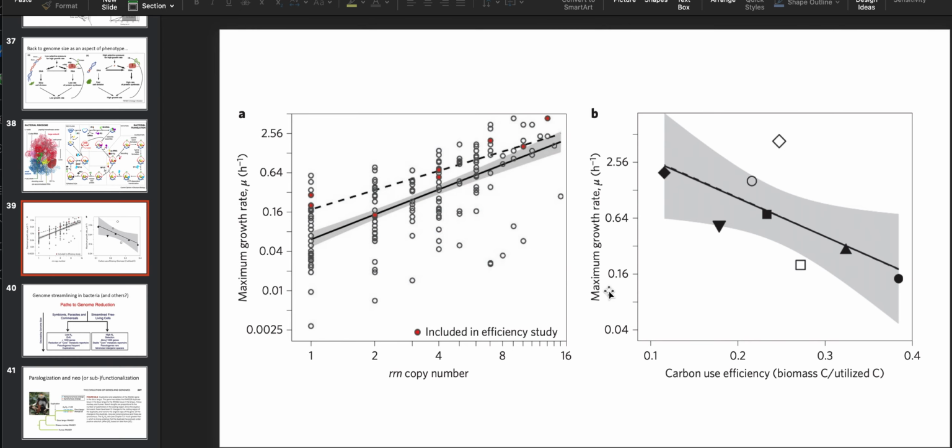However, the maximum growth rate is inversely correlated with the carbon use efficiency, and that directly follows in many cases from the fact that ribosomes are energy intensive, and this changes the ecological stoichiometric balance of the organism.